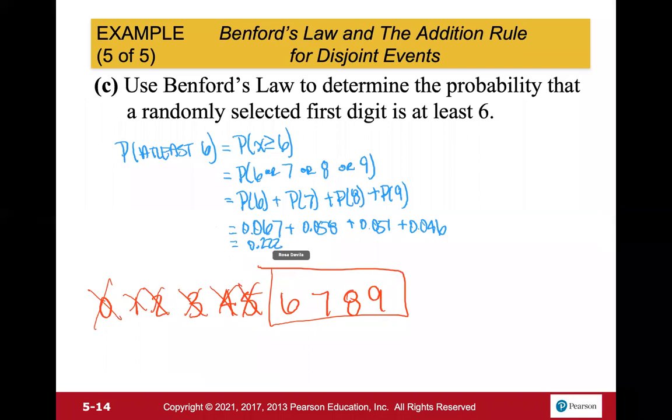And bring it back over here. So this is our value. If we randomly select, say, 100 numbers, we would have about 22 of them be at least 6.